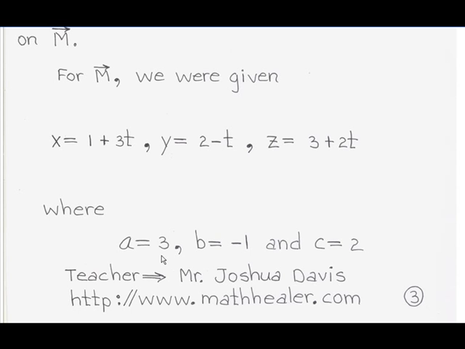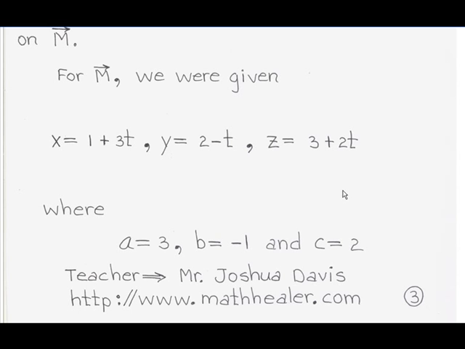So in this case, A is equal to 3, A times T. For the Y, B is equal to -1, -1 times T. From the Z, we have that C is equal to 2, 2 times T. So from the parametric equations, A is equal to 3, B is equal to -1, and C is equal to 2. We got these values directly from the parametric equations.